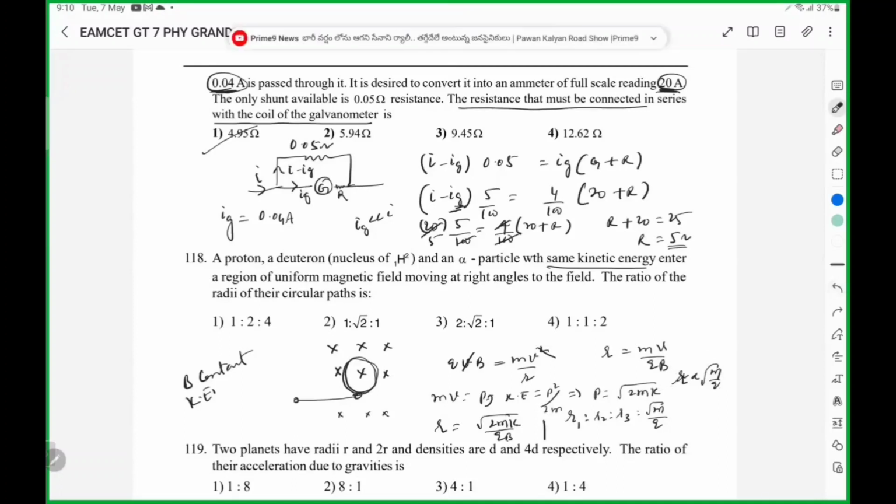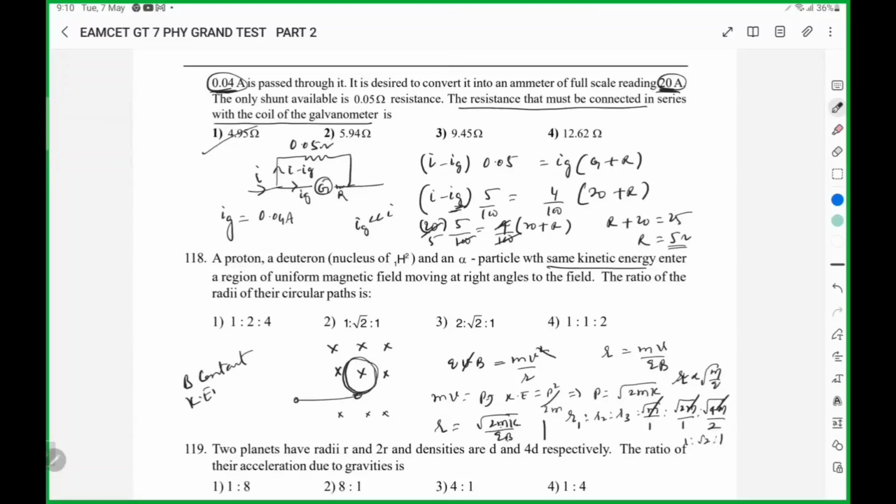So here R1 is proton with mass m and charge 1, then deuteron with mass 2m and charge 1, then alpha particle with mass 4m and charge 2. Here root m gets cancelled. Root 4 is 2, root 2 is 2, 1.